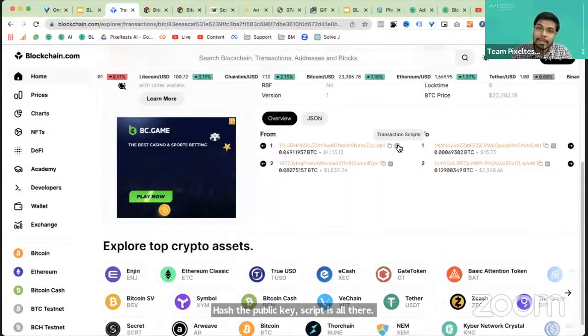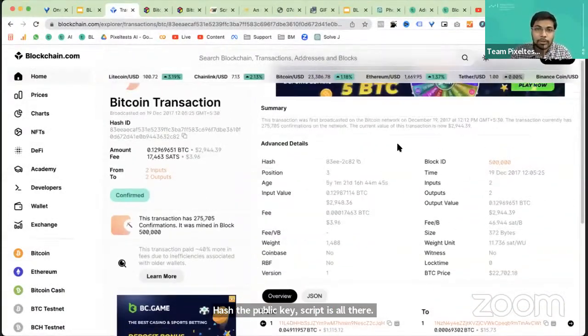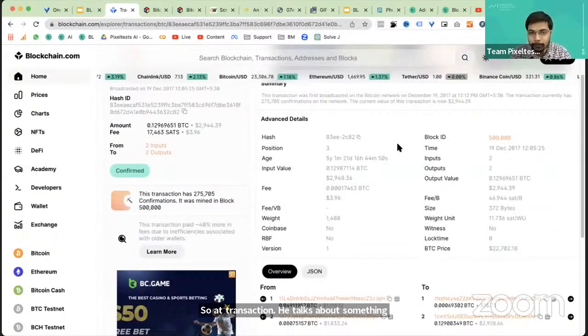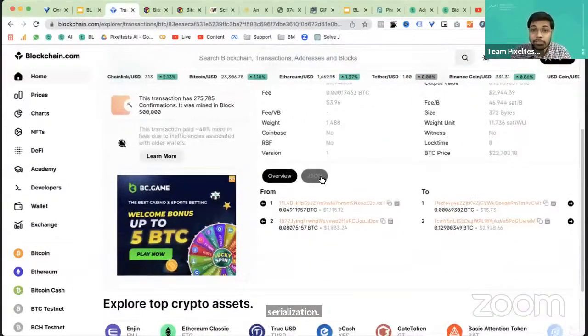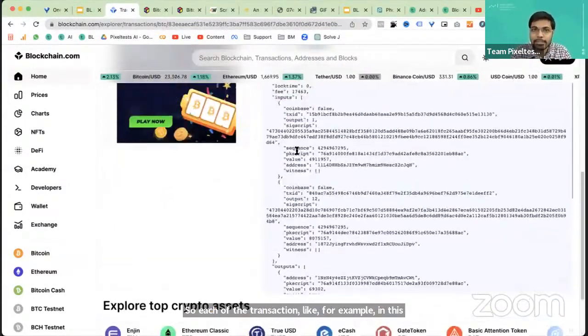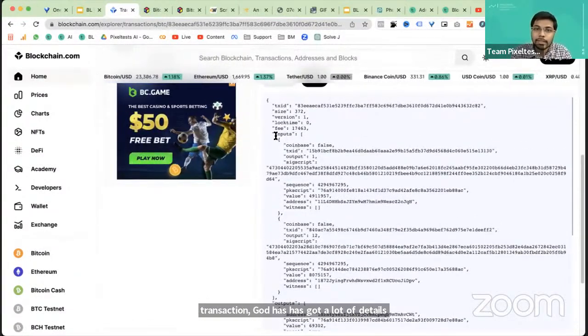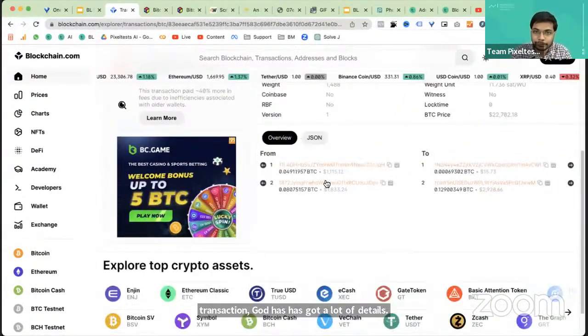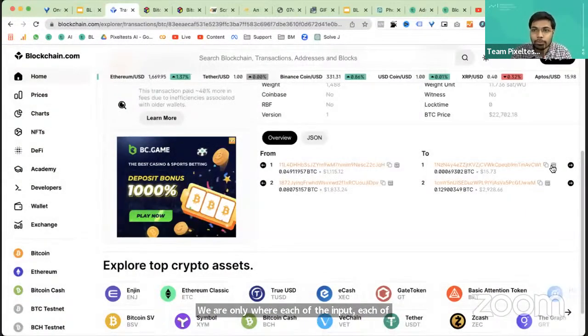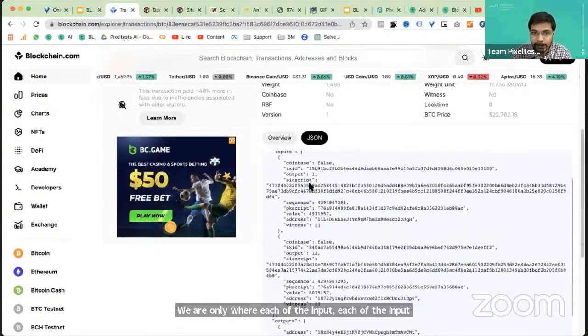A transaction has a lot of details, right? Each of the inputs consists of these and each of the outputs consists of these. So this is what he explains here.